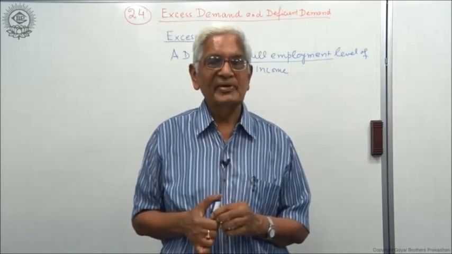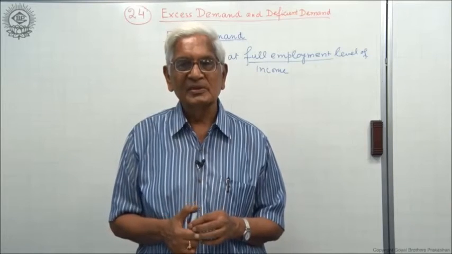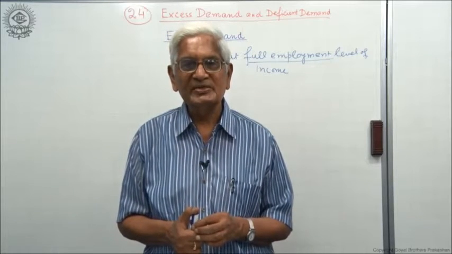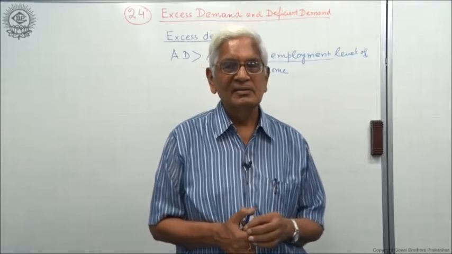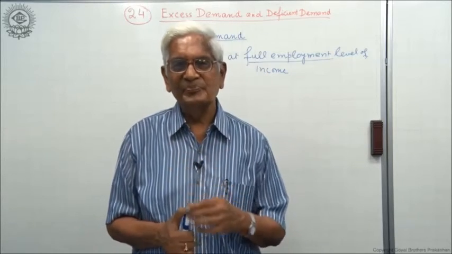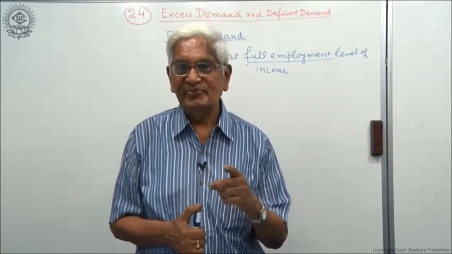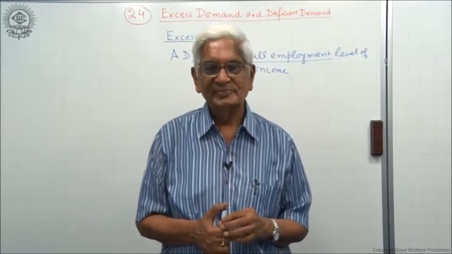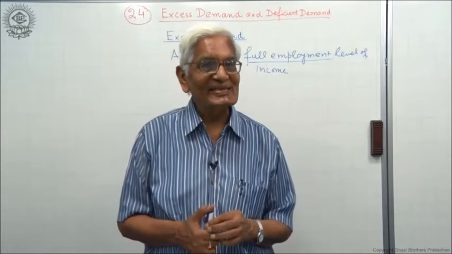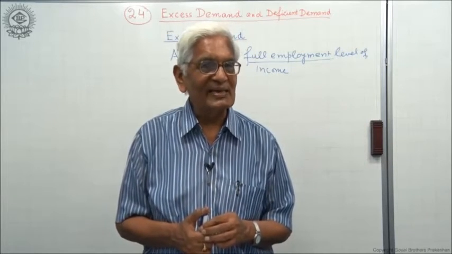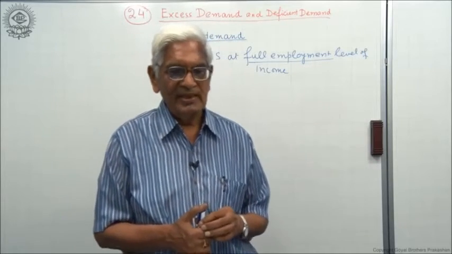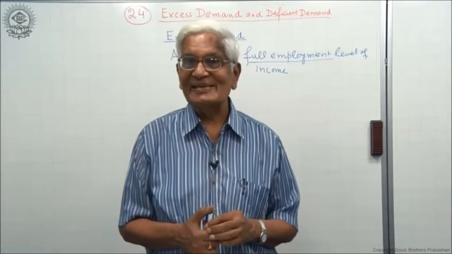In the exams, when we get this question, normally students have a tendency to skip the second part, that is full employment level. Now this excess of AD over AS is called excess demand.